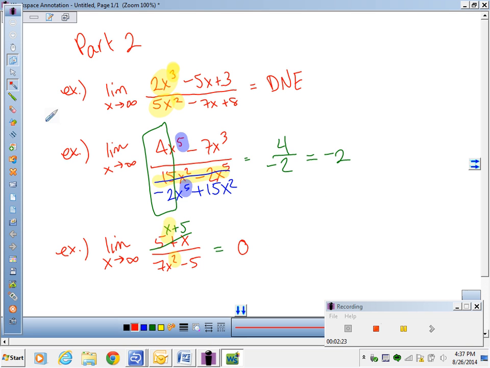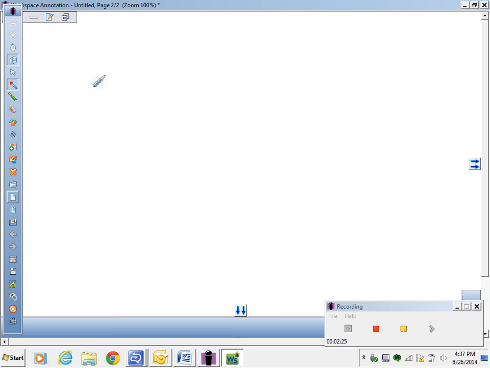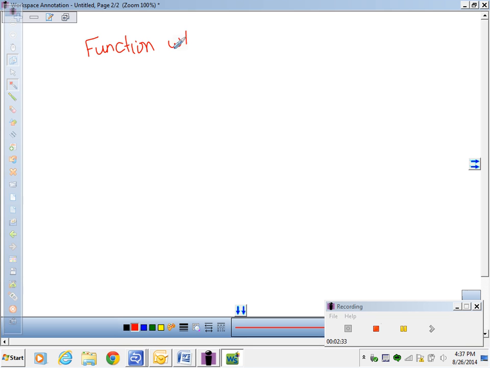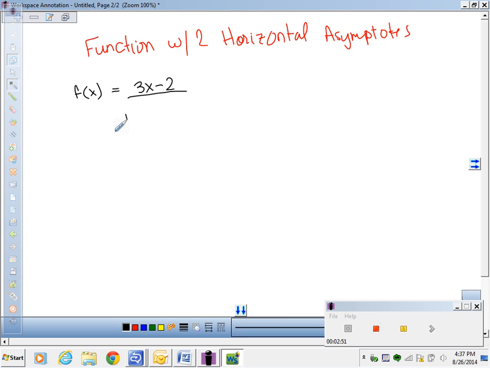But what happens when you are taking the limit of a function with 2 horizontal asymptotes? Something like the function f of x equals 3x minus 2 over the square root of 2x squared plus 1.